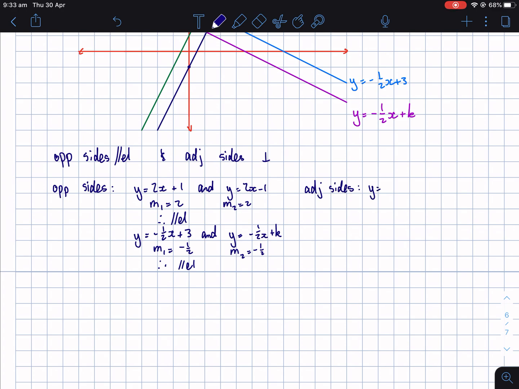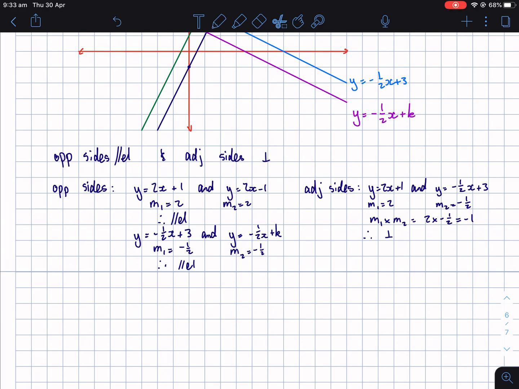So y equals 2x plus 1 and y equals negative half x plus 3. The gradient of the first one is 2, the gradient of the second one is negative a half. m1 times m2 equals 2 times negative 1 half equals negative 1. So if you multiply them, it comes out as negative 1. Therefore, they're perpendicular.